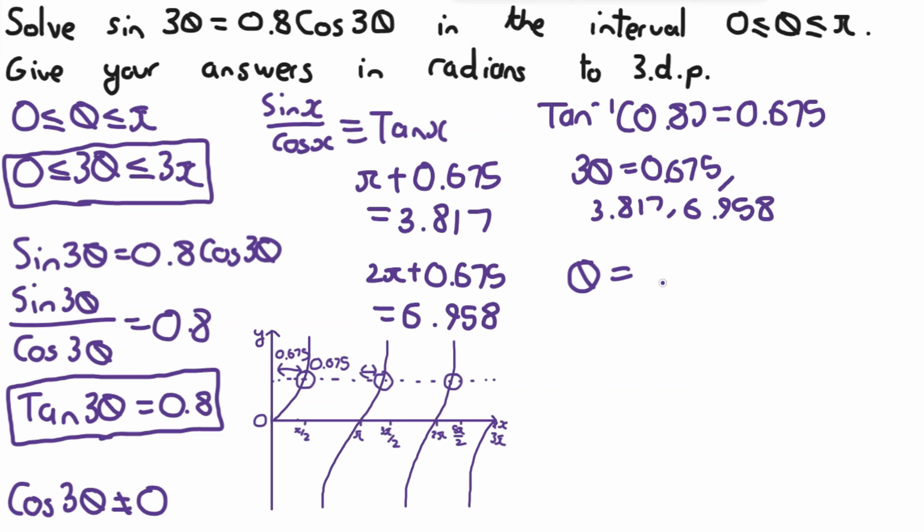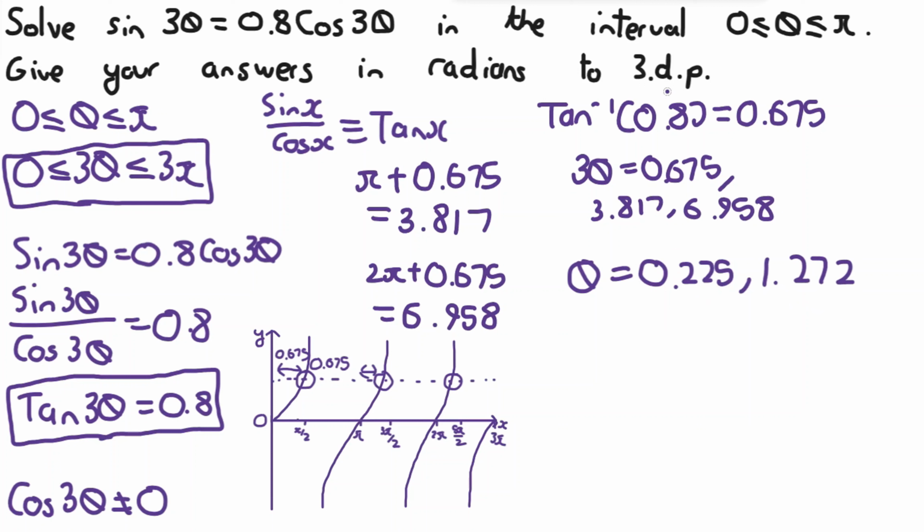So if you think about it like rearranging an equation, it would be 3 theta is equal to 0.675, for example. So then you divide both sides by 3 to get whatever this is divided by 3. So you divide all of the values by 3, so 0.675 divided by 3, if you put it into a calculator, is equal to 0.225. 3.817 divided by 3 is 1.272.